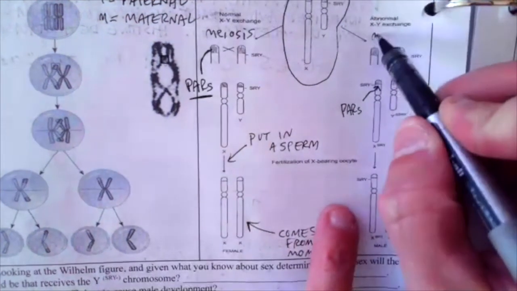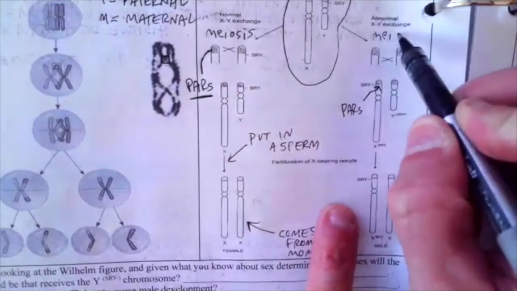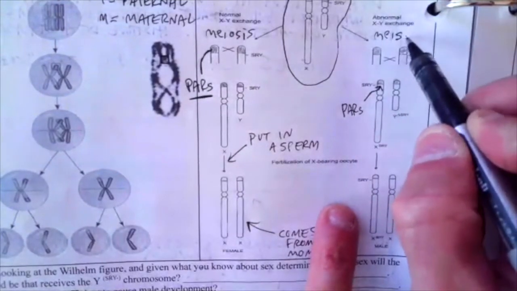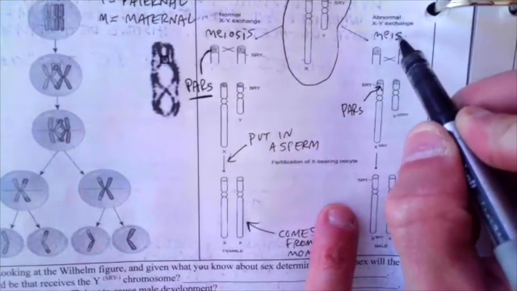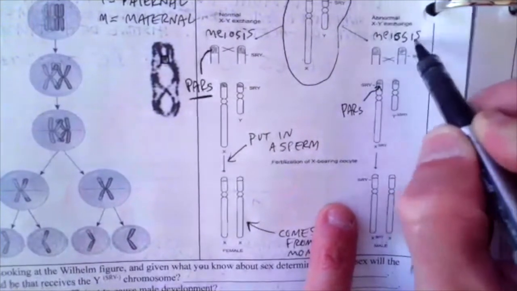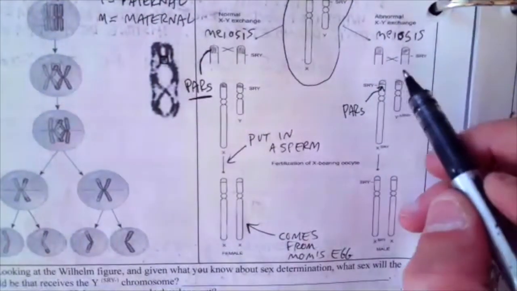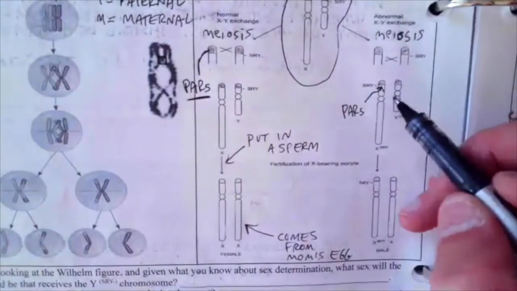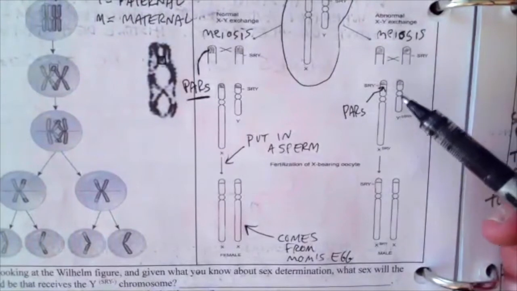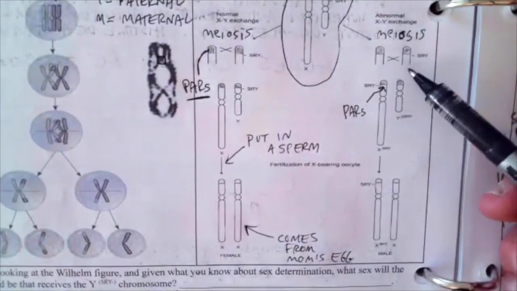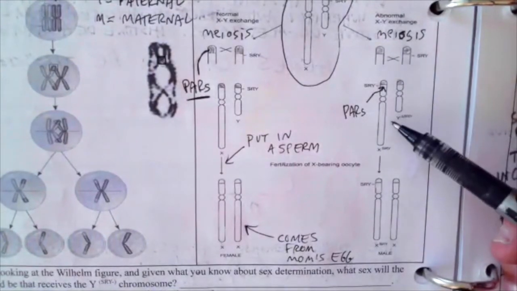Okay. So now we're looking at this other side. During meiosis, during the phase called crossing over, wow, really hard word to spell. Look at what happens here. What happens to the SRY gene? Where did it get moved to in this situation?